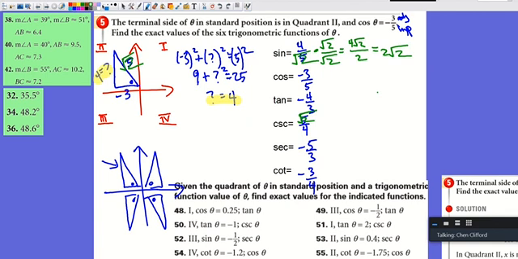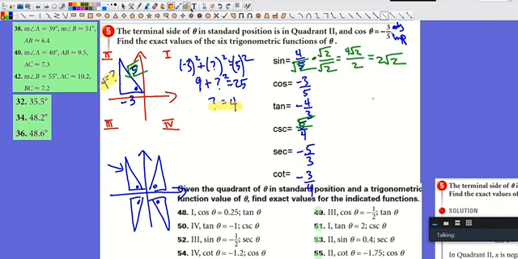Just do these green highlights. Do the odds. And find these. Here, I'm going to cover that up.